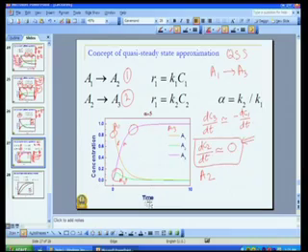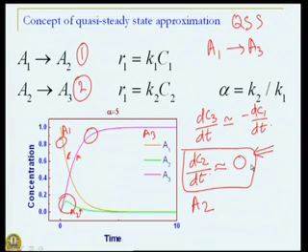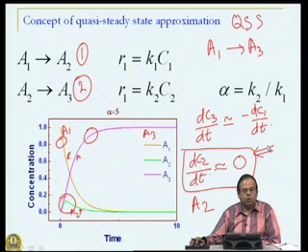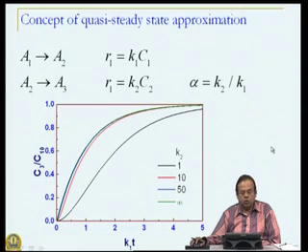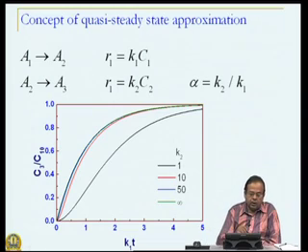Let us go back to our reaction set once again, and if I invoke the quasi steady state approximation and simulate the whole process, I find that this was when K2 was much higher.